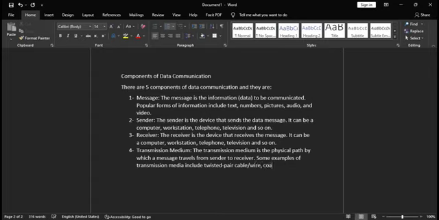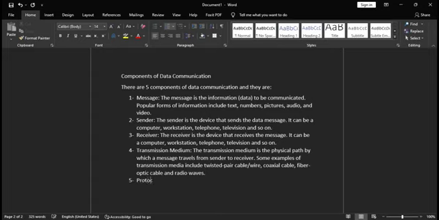Then you have coaxial cable or wire, fiber optic cable, and radio waves. So these are examples of transmission media. The fifth one now is going to be protocol.